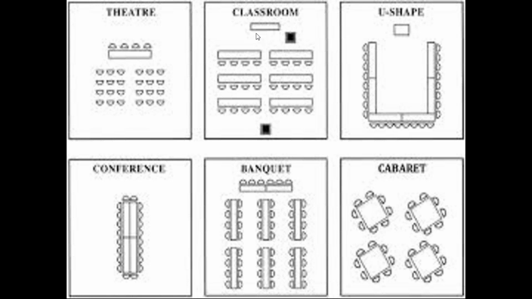The next one, moving clockwise, is the classroom setup, where you have essentially people sitting behind tables, and I suppose you could argue the expert or the teacher would be sitting or standing out the front. Very formal arrangement, and very good for when you are giving some instruction, and very much in a one-way format where everybody has to get the same information at the same time.